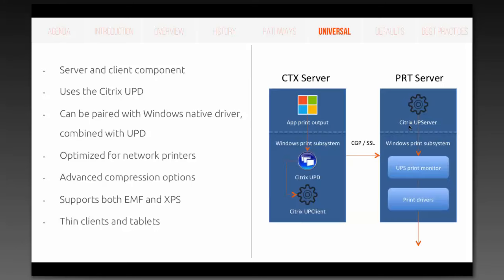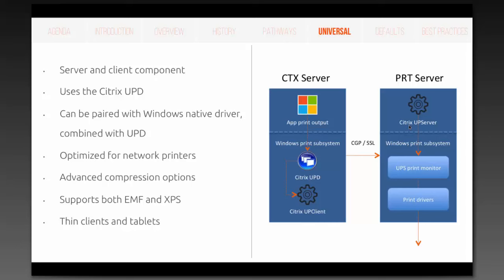Now, this is sort of how it looks. As you can see, on the left near the bottom a UP client, and on the right at the top a UP server component. An application will again produce some sort of print output, which will be handed over to the print subsystem, over to the Citrix UPD, but in this case it won't do anything with the print data, because the local rendering of data, the local processing of data with the Universal Print Server isn't supported.